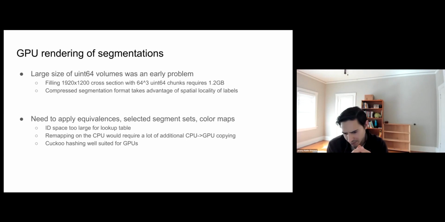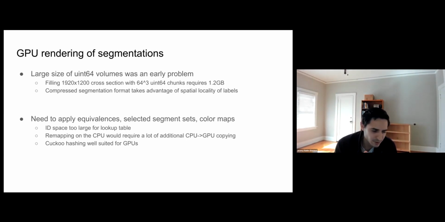Furthermore, JPEG also uses an entropy encoding for the data, and entropy encoding is definitely not compatible with accessing a single pixel at a time.